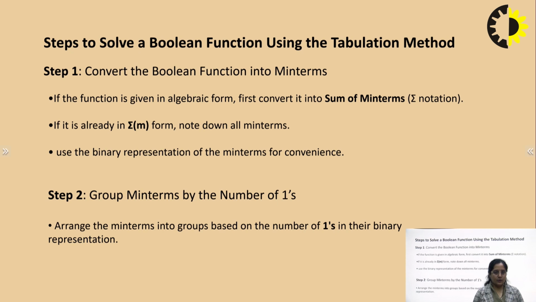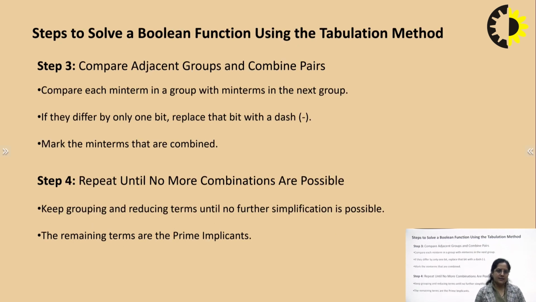Then the third step is to compare the adjacent groups. From the min terms we make groups. Suppose we have 4 groups, then we compare group number 1 and 2, the two adjacent groups, and combine them and make pairs.